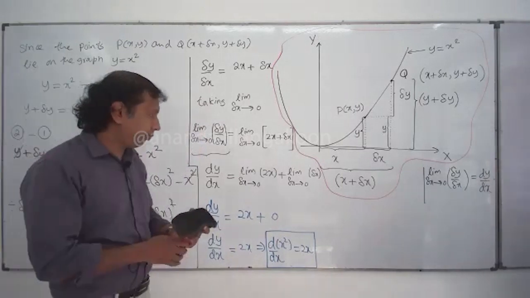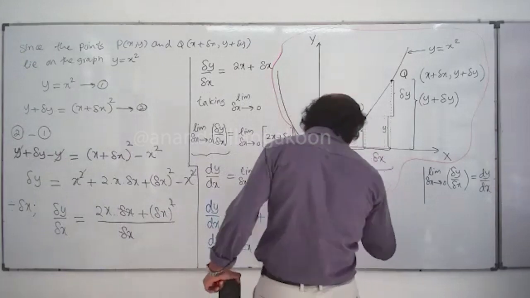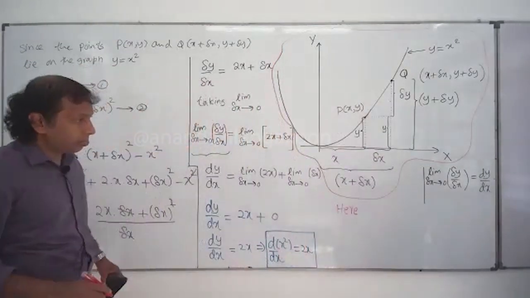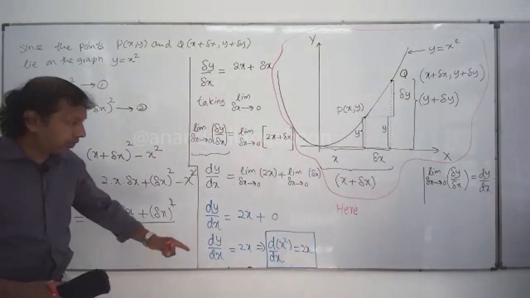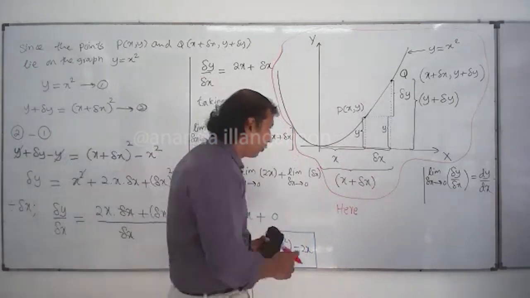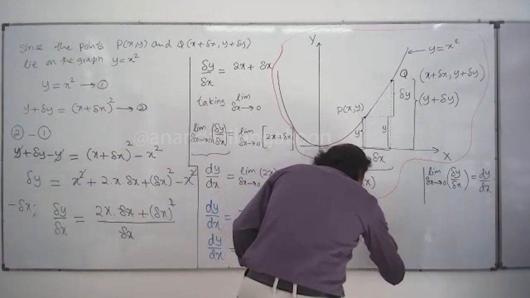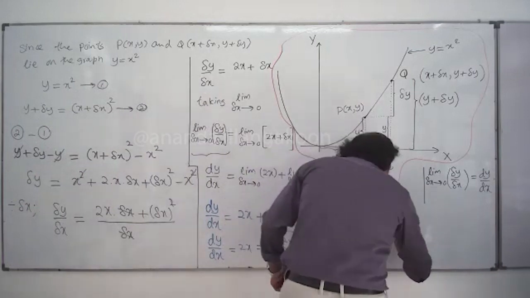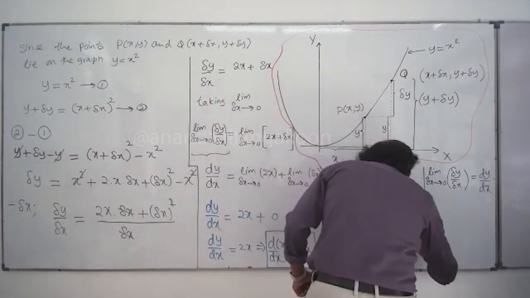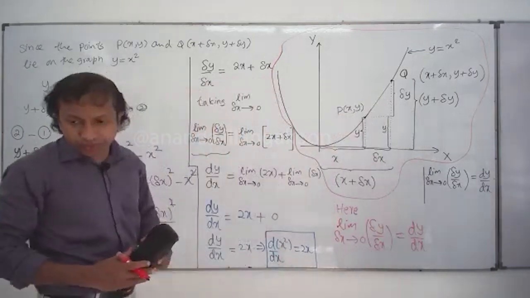It is this: here, after reaching here, write down here, limit delta x going to 0, delta y by delta x is equal to dy by dx.